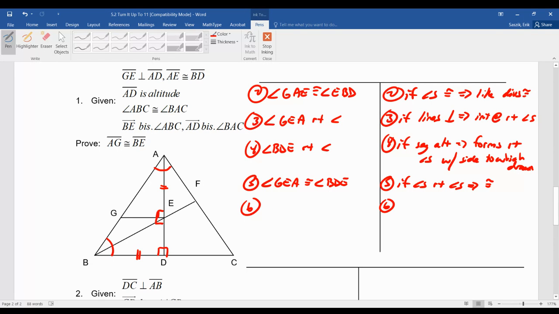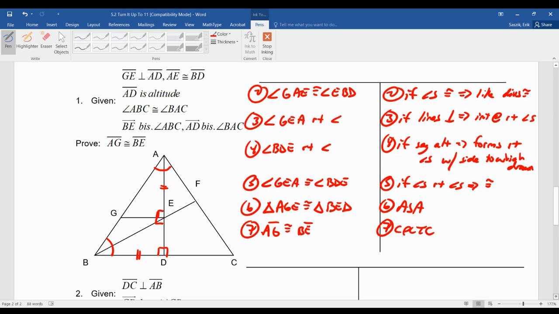So we have triangle AGE congruent to triangle, be careful, I'm matching this up. If I say AGE, I got to say BED, and that's by ASA. And it's just a 7-stepper, but it's a little bit tough. AG congruent to BE, CPCTC.